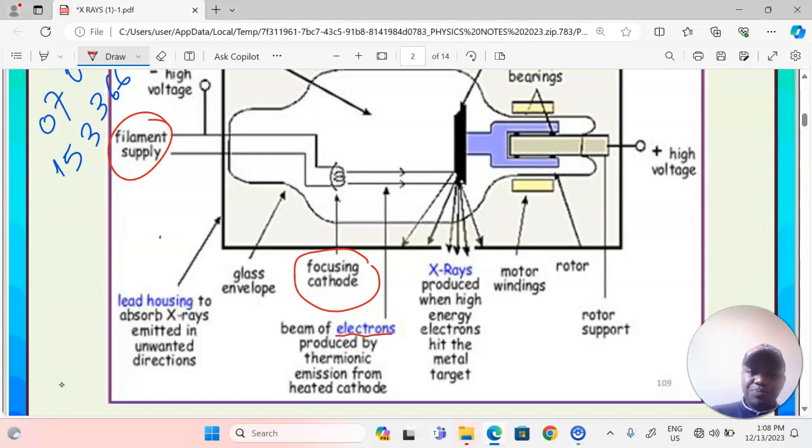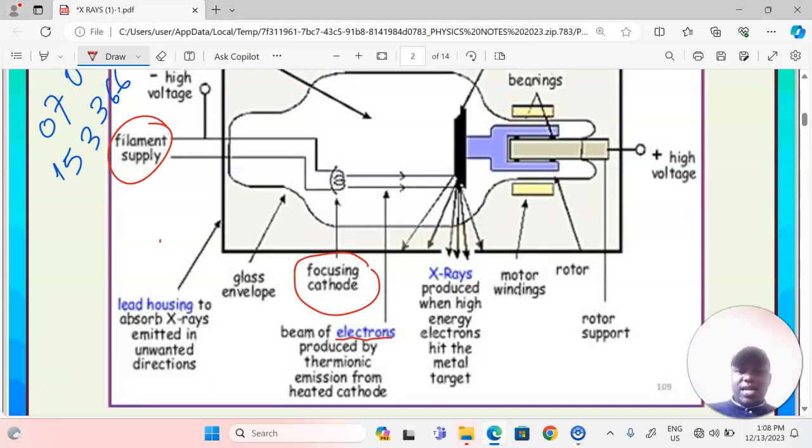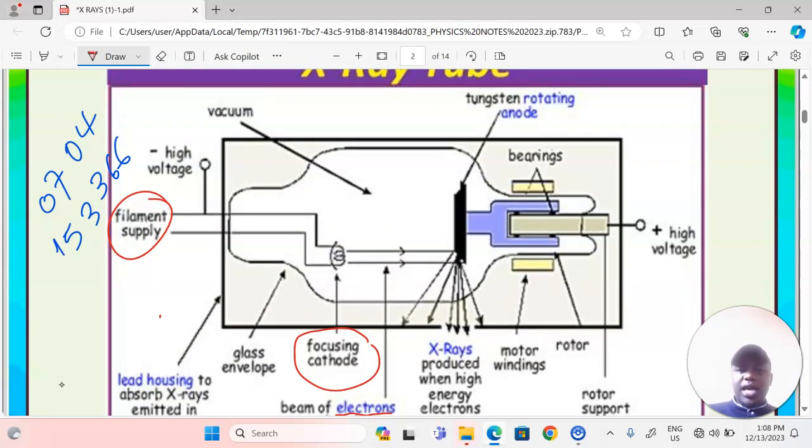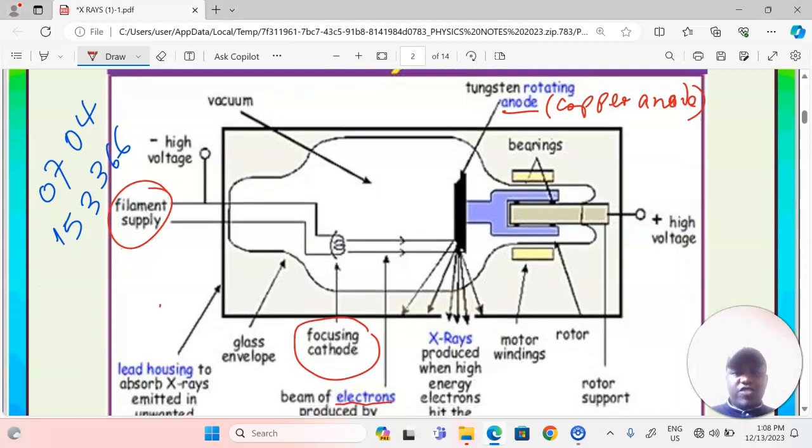It has been labeled here. So the beam of moving electrons is attracted by what we are calling the anode. Actually, it's made of copper. Sometimes they call it the copper anode. Therefore, the copper anode attracts what we call the beam of electrons.